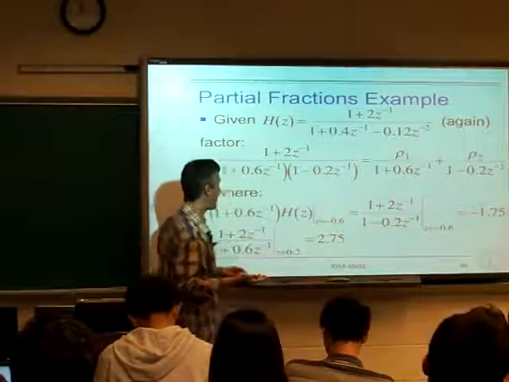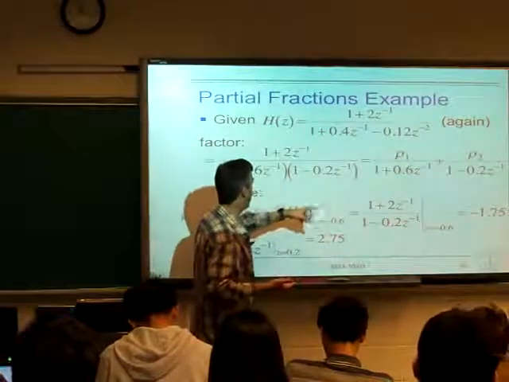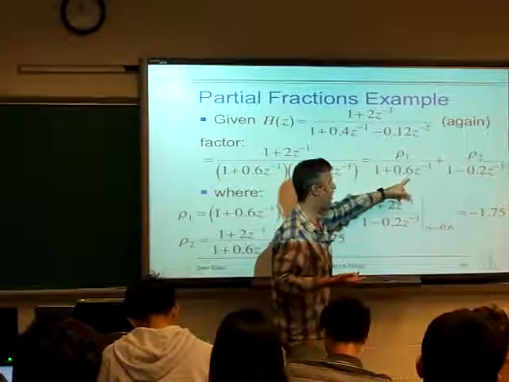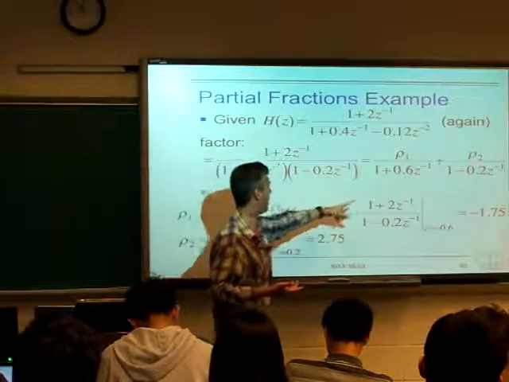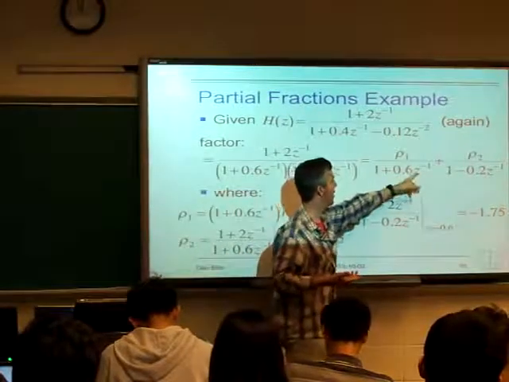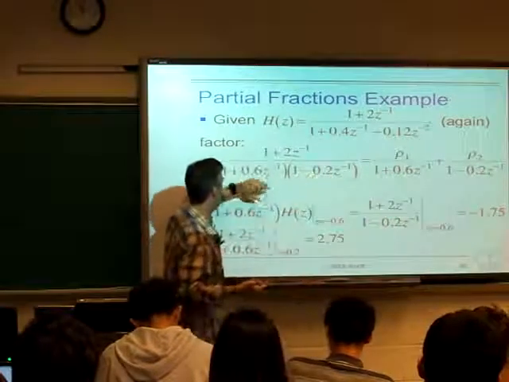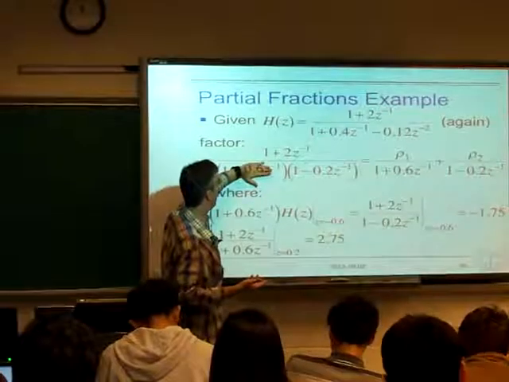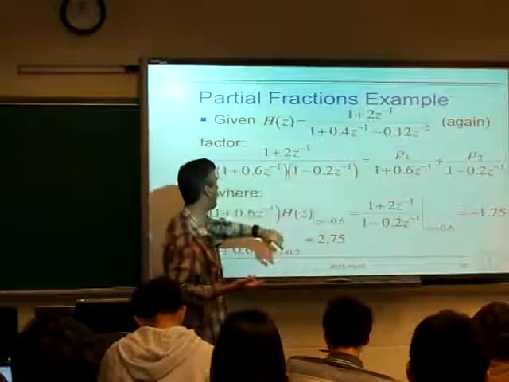And then the partial fractions method says, OK, to find rho 1, we look at this root here, z equal to minus 0.6, so this term would go to 0. Then we take out the term that would be the pole, and we evaluate the rest of it at z equal to minus 0.6.